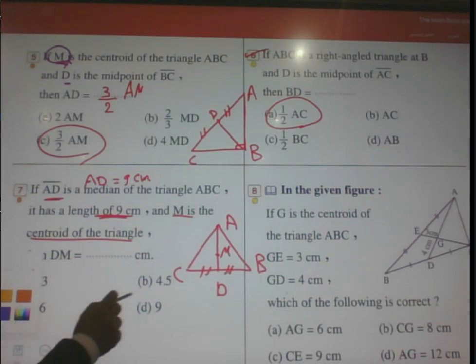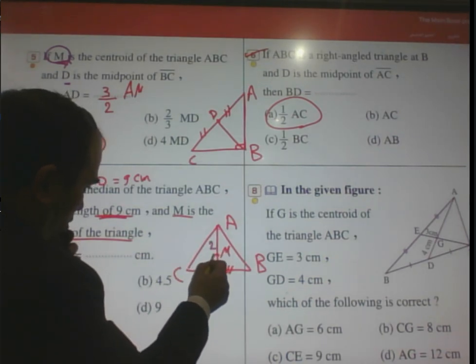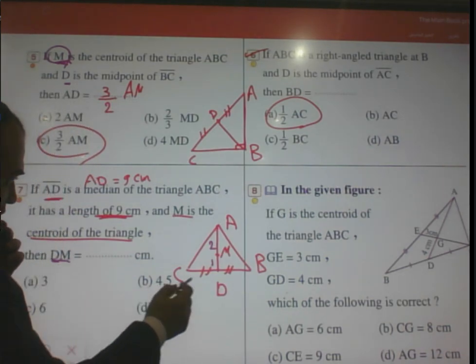We know the centroid point divides the median into 2 parts: from base to vertex 1 to 2, and from vertex to base 2 to 1. He wants to find the length of DM.